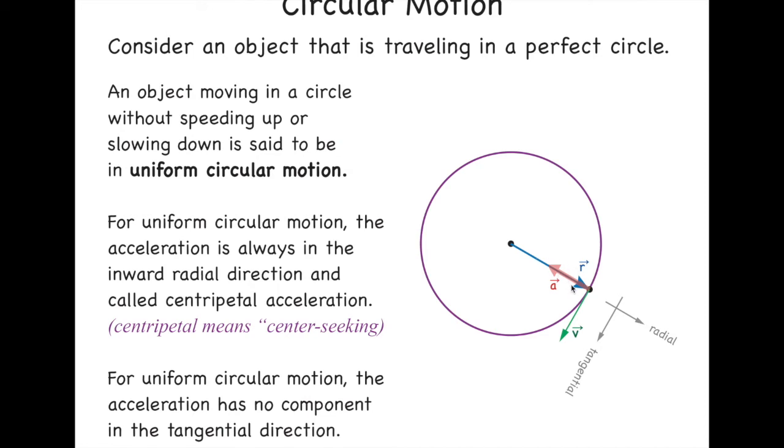And that acceleration is called centripetal acceleration, which just means center seeking. Also for uniform circular motion, the acceleration has no component along the tangential direction. Right? So the velocity is along the tangential direction, but the acceleration is purely in the radial direction with no tangential component at all.